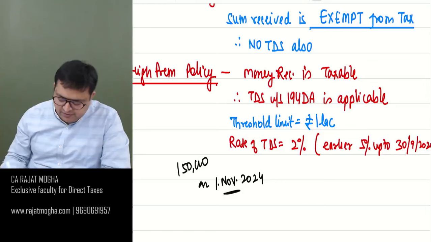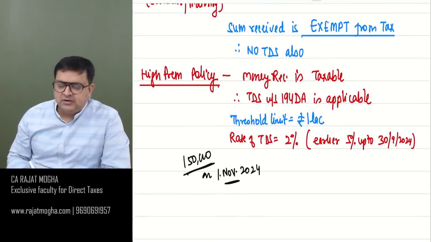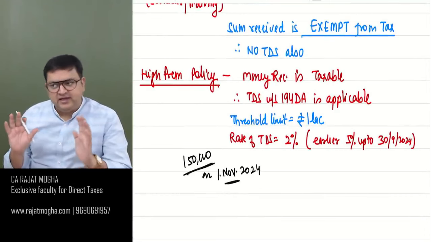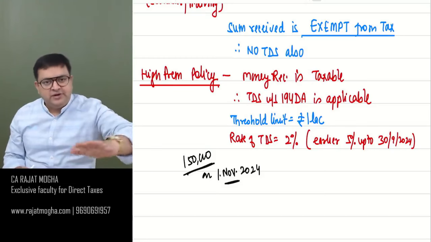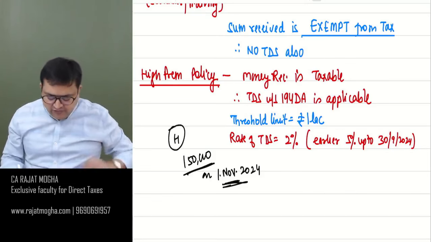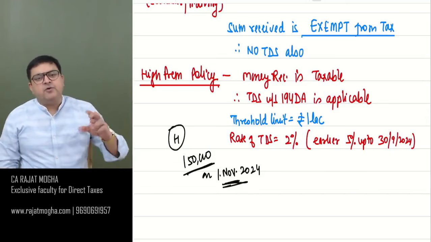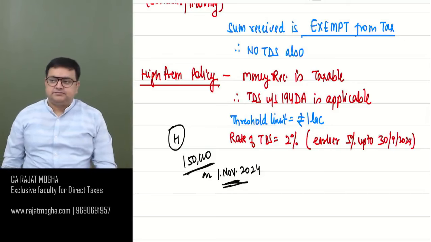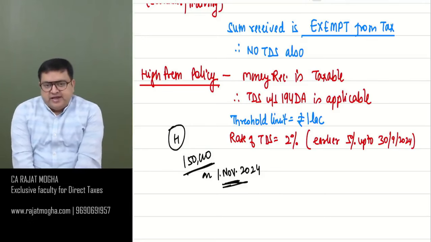On a low premium policy, no TDS. Agree? But let's say it's a high premium policy, and I'm giving you 1,50,000 on 1st November 2024. Tell me the amount of TDS. Try.